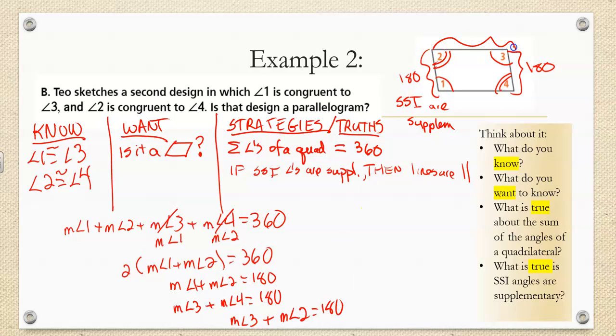So then I could say these are supplementary. I could do the 1 and 4 too the same way. So now that I found supplementary angles here, and they're same side interior, I know that the opposite sides are parallel because of this one. And if both pairs of opposite sides are parallel, it is a parallelogram. Woohoo! Yes, yes, yes.